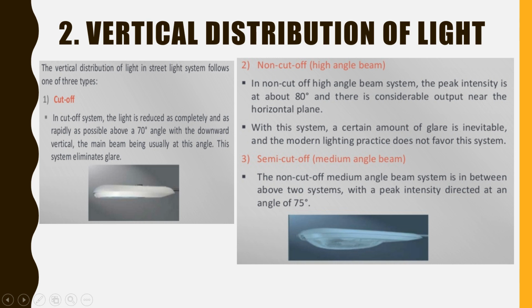So non-cutoff, that is high angle beam, is not favored for highway lighting. Semi-cutoff is in between cutoff and non-cutoff, and it is at 75-degree. Normally we prefer near to 70 and 72-degree angle of beam, the angle where the peak intensity is achieved in case of highway lighting.